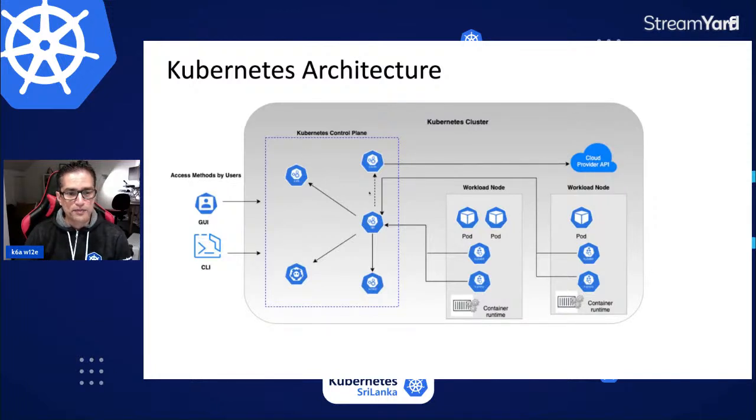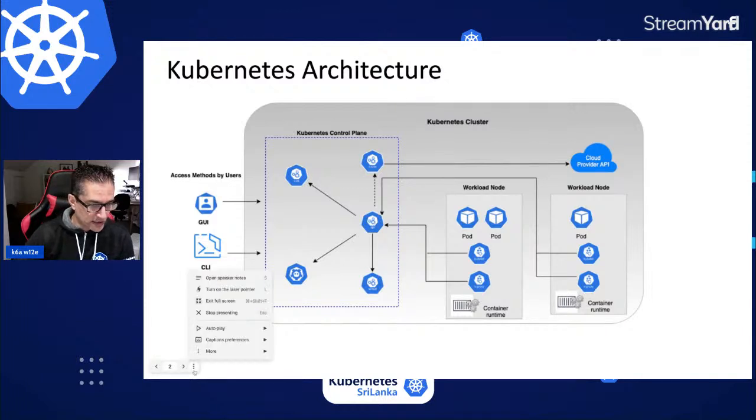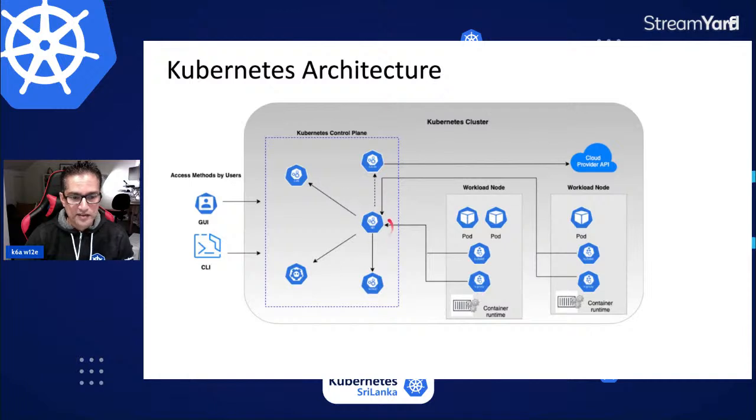So from the control plane perspective, you have multiple components, and mother of all that is the Kubernetes API. Let me see if I can get the pointer. There you go. Yeah, so that's the Kubernetes API.